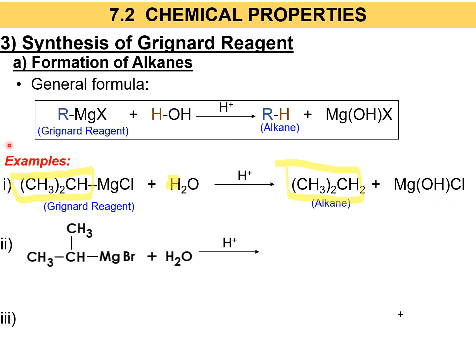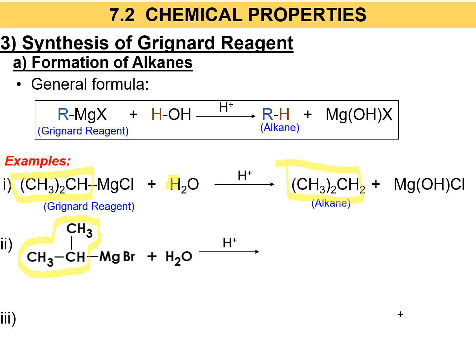Okay, so the next one, if this is the Grignard reagent yang you dapat and you buat dengan reagent H2O dengan H+, that means dia nak menghasilkan alkane. Again, you need to identify the alkyl group that is directly attached to the Mg halogen Br. Okay, because why?